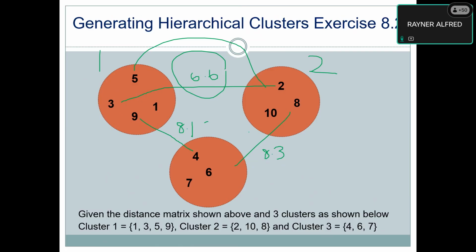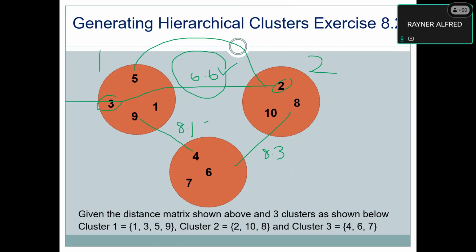Similar to the single link, you need to decide what is the minimum distance between one cluster and the other cluster. Then you get marks. If you did not specify between what documents and what is the distance, then you lose marks there. Okay.